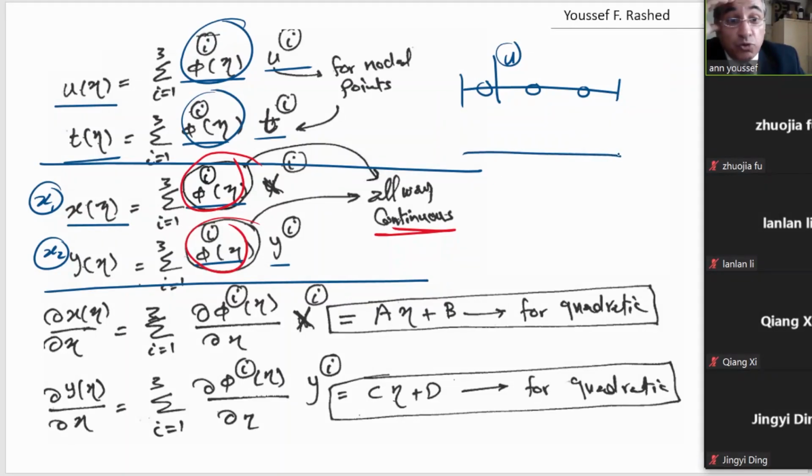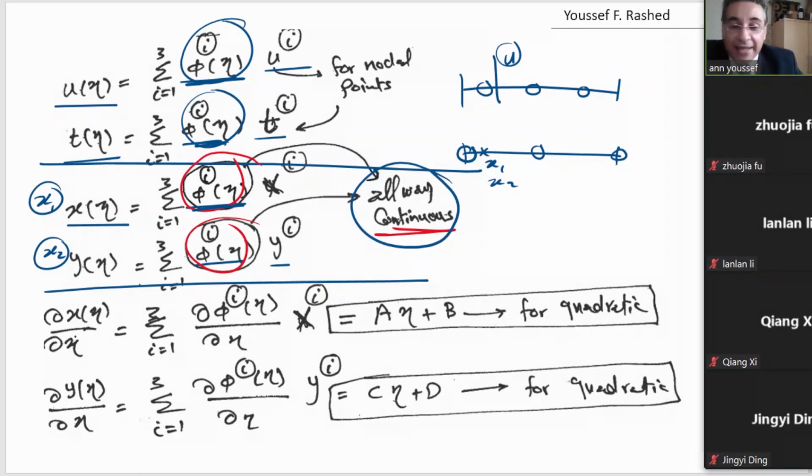But if I want to interpolate any value of x1 or x2 or a point here, it should be based on the continuous shape function. Otherwise, I will have gaps in the element. So these two phi should be different. Here, always continuous. This is very, very important.